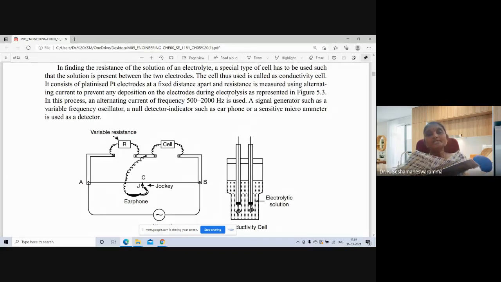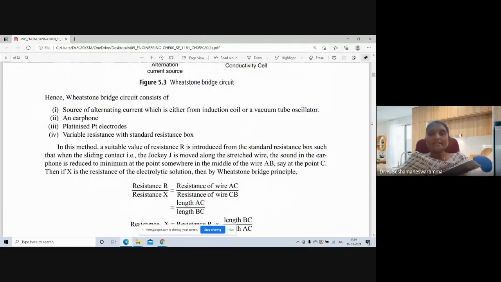If electrolysis is going on, some material is deposited. Hence, we are using alternating current here. In this process, an alternating current of frequency 500 to 2000 Hz is used.